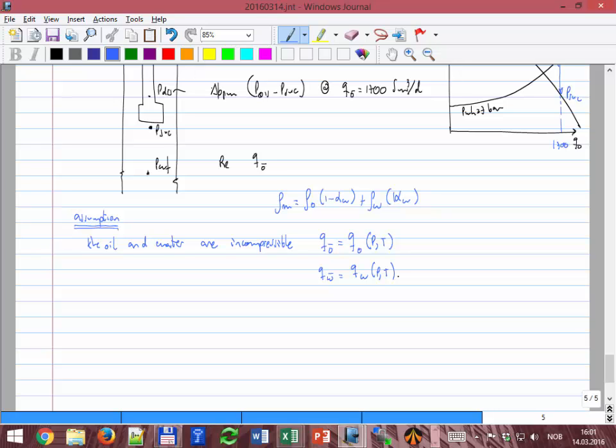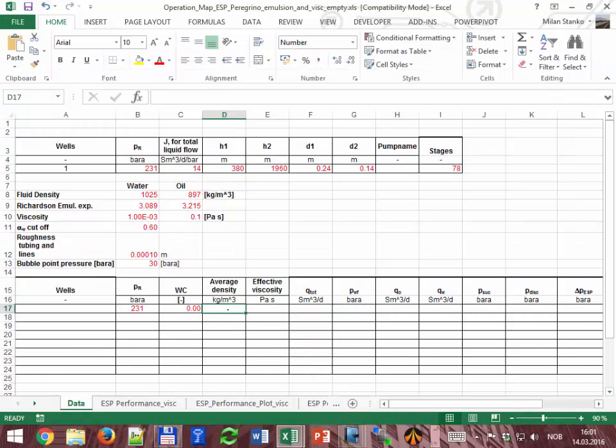But for the sake of this exercise, that means that the volume fraction of the water at the given P and T is going to be equal to the water cut. Okay, just to simplify our life. Otherwise, it will be too many complications, one on top of the other, and it will be more difficult for all of us. But just for this exercise, okay? Commercial simulators, they actually take that into account. Okay, they take the change in.